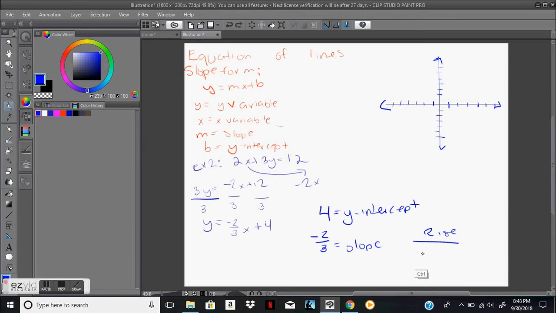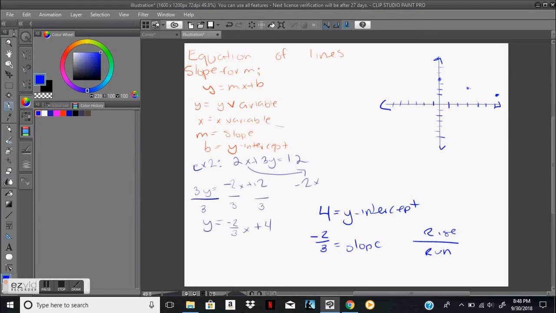Again, slope is rise over run. We're just going to go right into the graph and plot the y-intercept, which is 4. Then since the slope is -2 over 3, we're going to go down 2 and 3 to the right. And we're just going to repeat those steps.